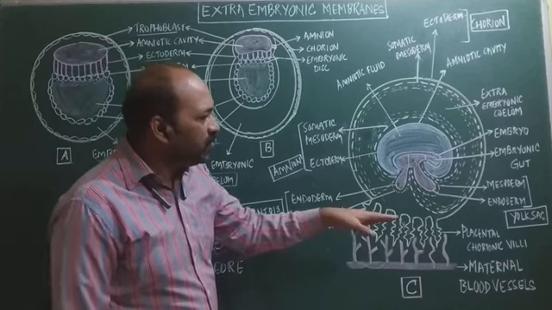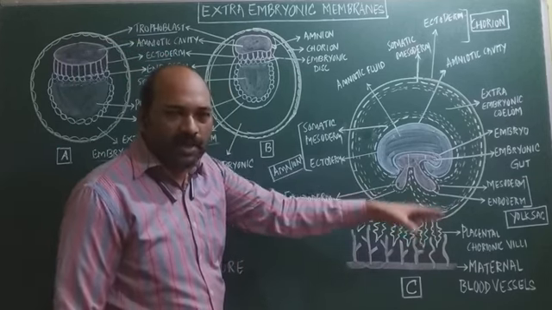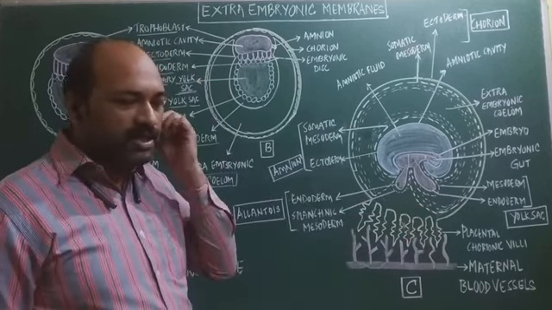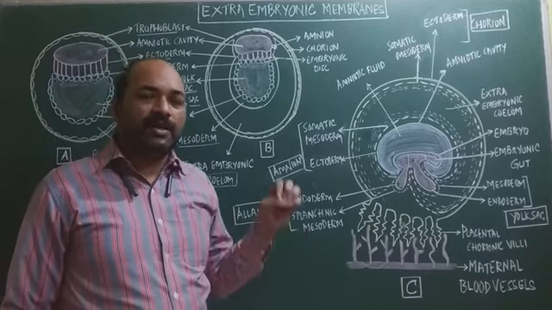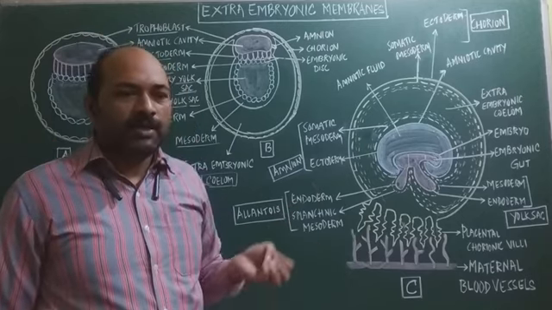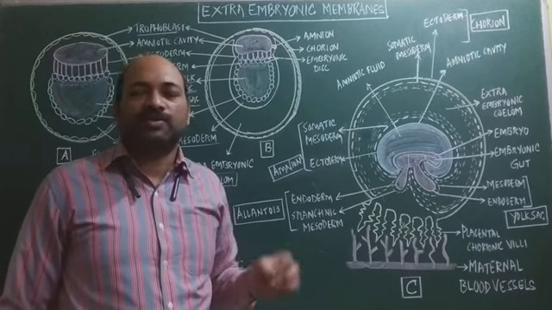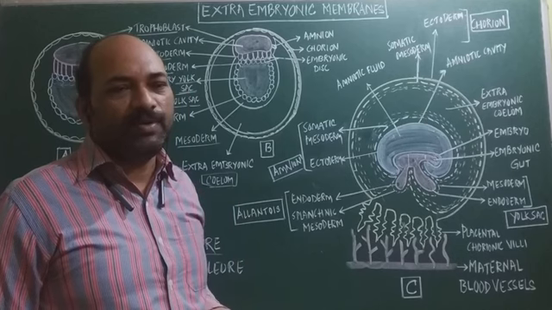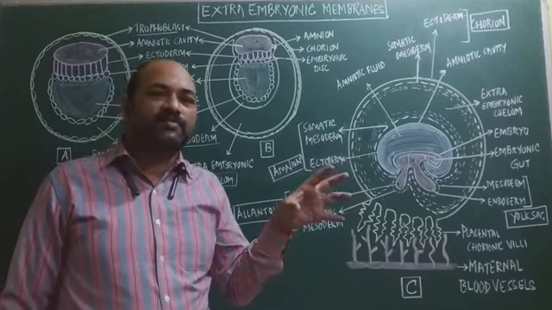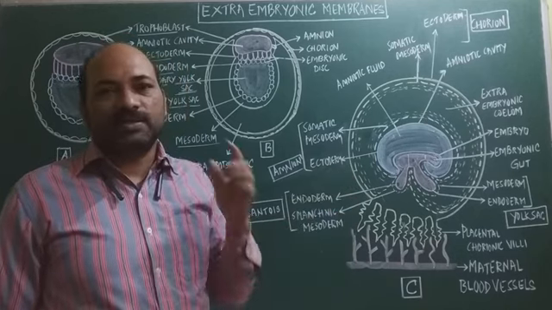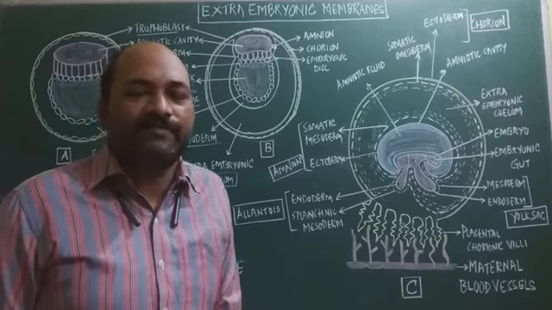Hence, as it is involved in delivering the nutrients, it is said to be the extra embryonic gut. But in human beings, as it does not provide any nutrients to the embryo, it is associated with the digestive system as vestigial.